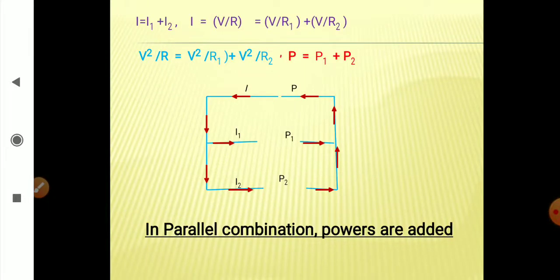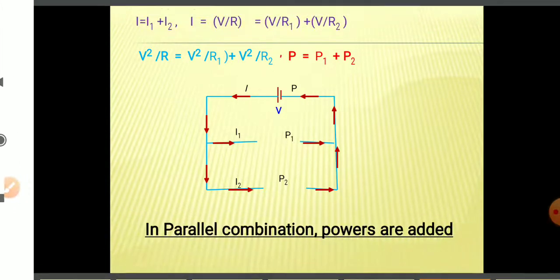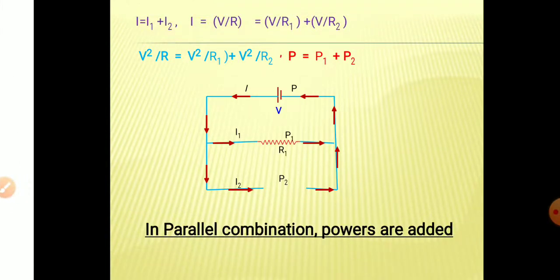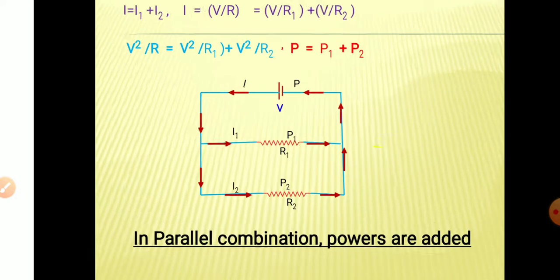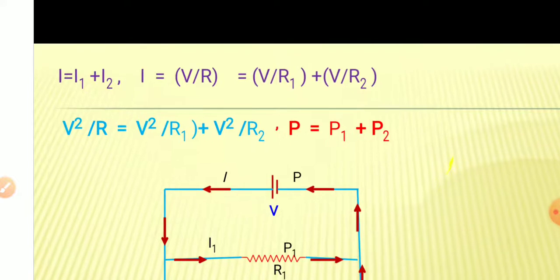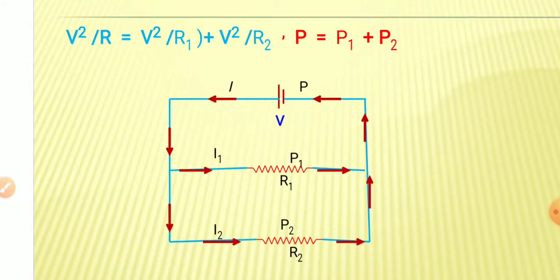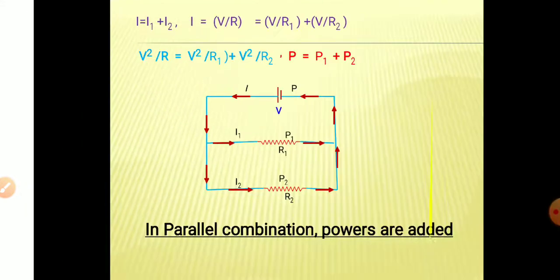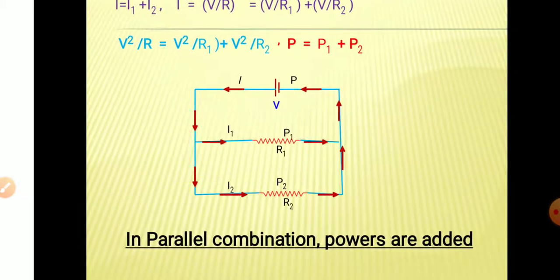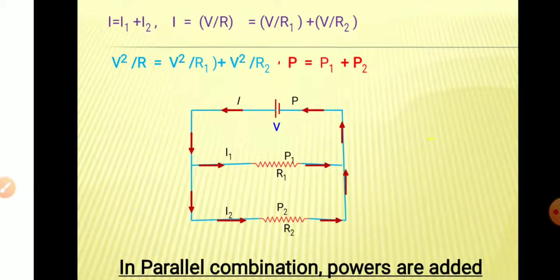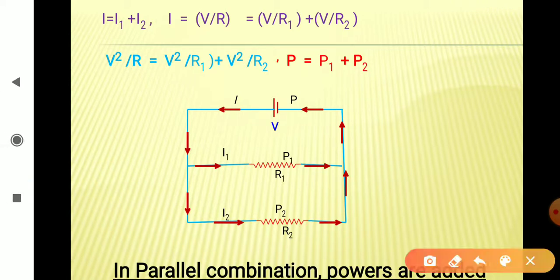Now let's see what happens in parallel combination. Here we have a source of voltage V and two components R1 and R2 are connected in parallel. You can see, this current I is drawn from the source, and at this point the junction rule is applied.